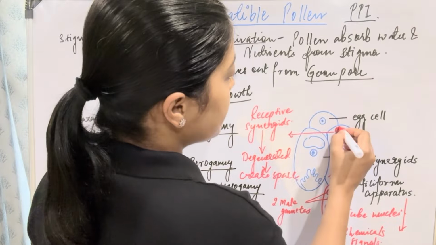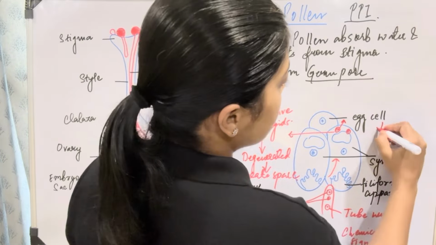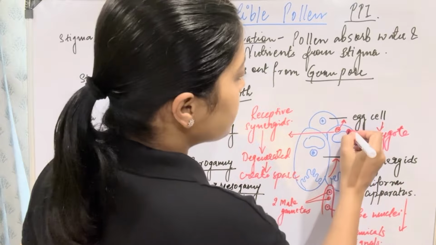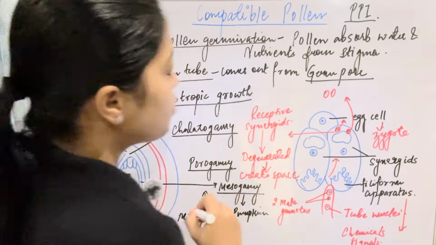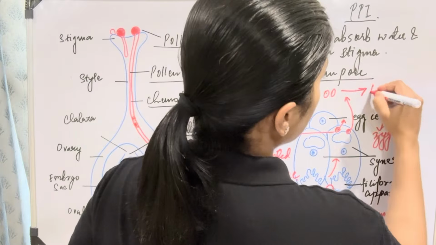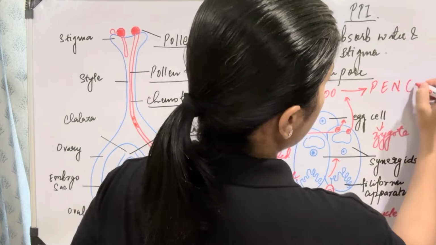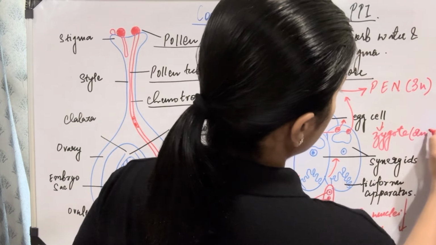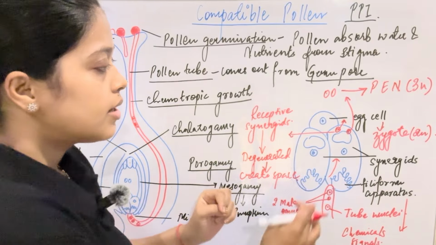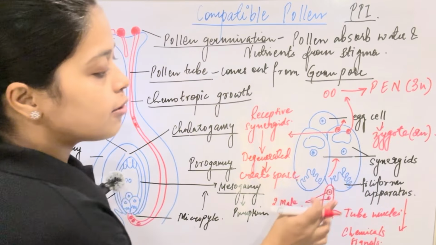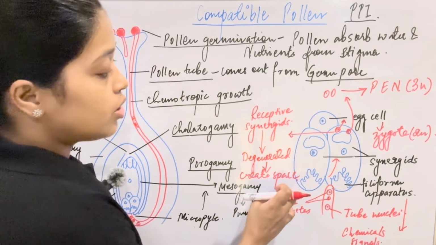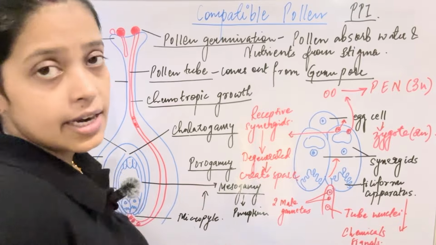One male gamete fuses with the egg cell and forms the zygote, which is diploid. The other male gamete fuses with the two polar nuclei present in the central cell and forms the primary endosperm nucleus, which is triploid. So you understand the role of the receptive synergid: it provides a signal for the entry of the pollen tube from this region, and soon degenerates to create a space for its entry.